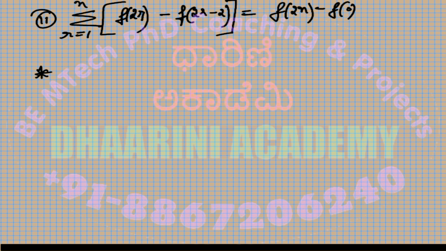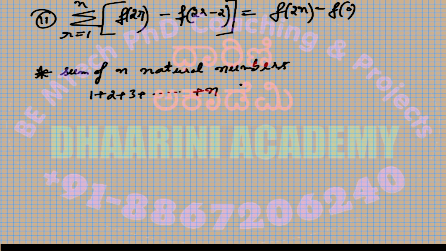The first standard result is the sum of n natural numbers. Sum of n natural numbers is nothing but 1 plus 2 plus 3 up to n. How do you write this?